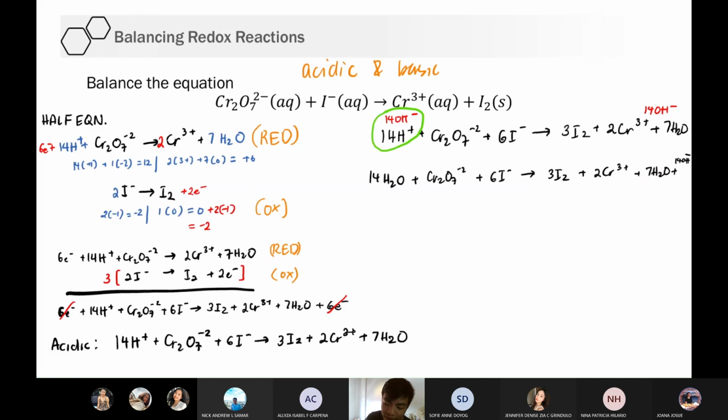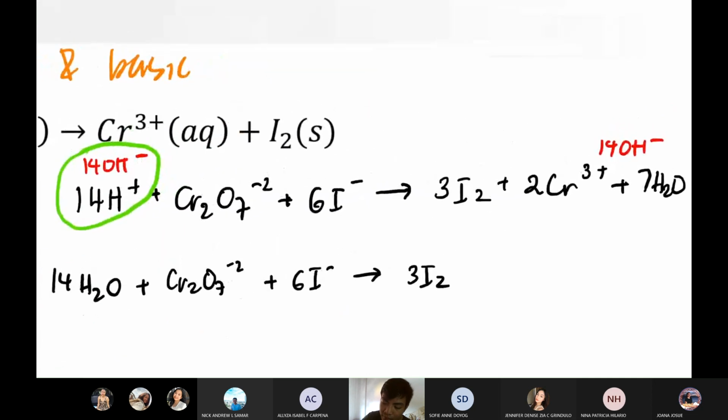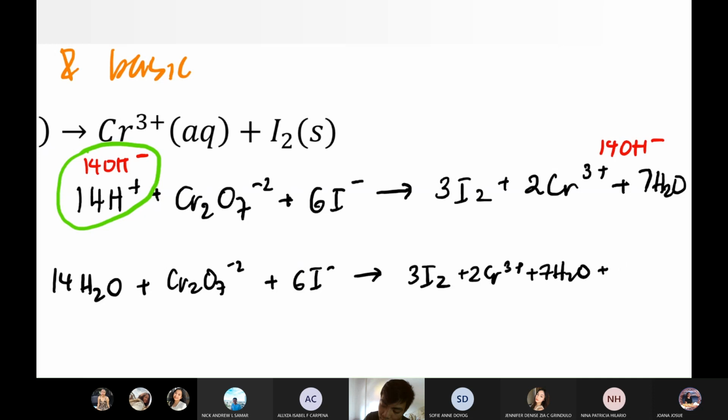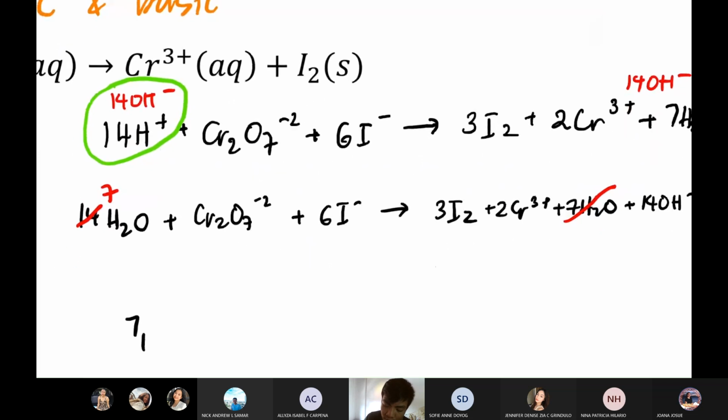Wait, let me rearrange this so it's clear in the screenshot. 2Cr3 plus, 7H2O. Okay. Cancel out the water since it's on both sides. There's 7 here. 14 minus 7 is 7.